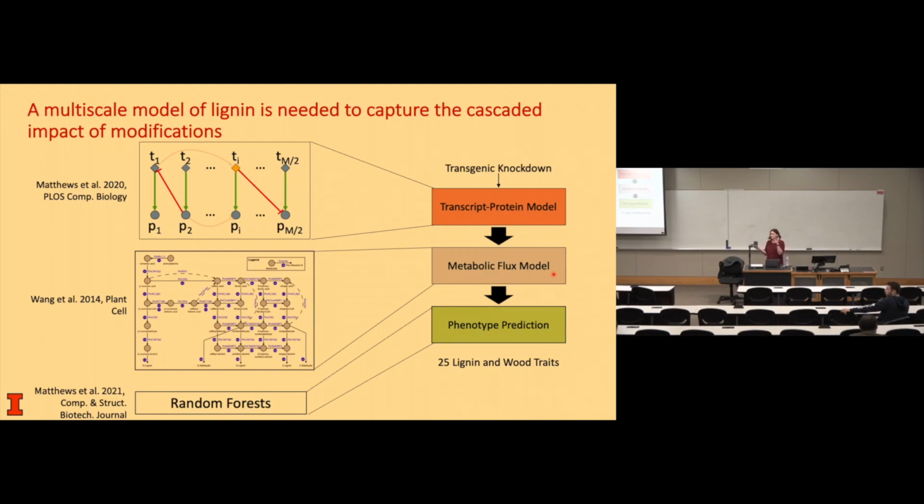One is looking at these relationships between the RNA and the enzymes in the pathway: can we predict how all of those enzyme abundances may change when we are making changes to the RNA? This information is then fed into a mechanistic model of that metabolic pathway. And then we took the outputs of this to try and do some phenotype prediction. So in this part of my talk, I'm just going to focus on this first part and a little bit on the second part, and then cover the model as a whole.